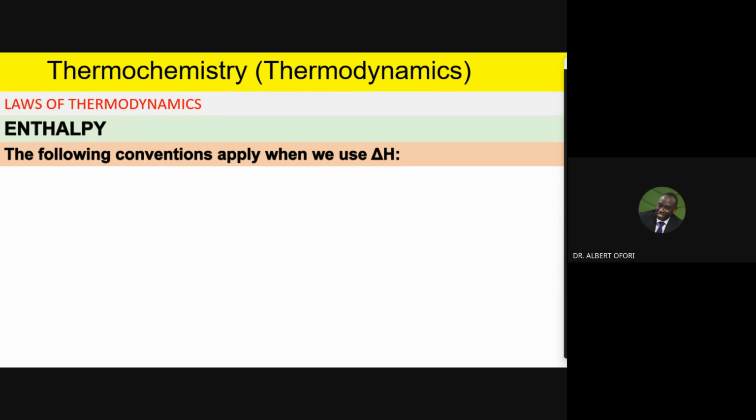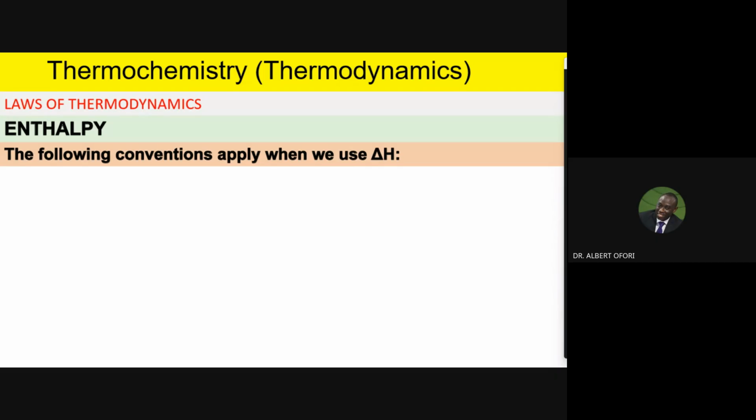That's what we usually use to represent that. Now the enthalpy change, I think we have come across that before. We said that the enthalpy change depends on some factors. Of course, the enthalpy change is an extensive property.